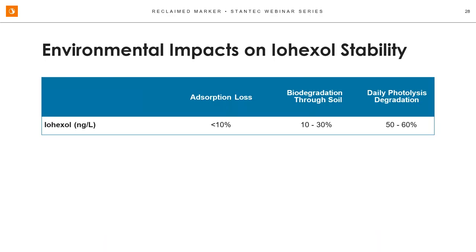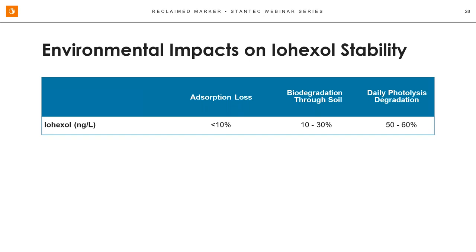We did some bench scale column studies, and we differentiated between absorption and biodegradation by running one column with study site soil and the second column with that same soil, but we autoclaved the soil. And we did look at 2 different soils in the vicinity of the river, because not all soils will necessarily behave the same way.